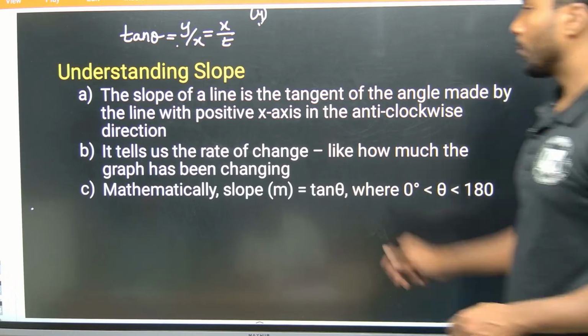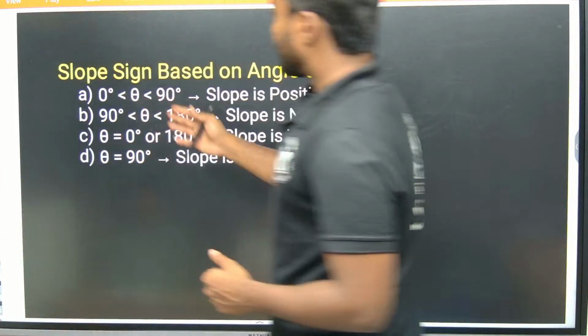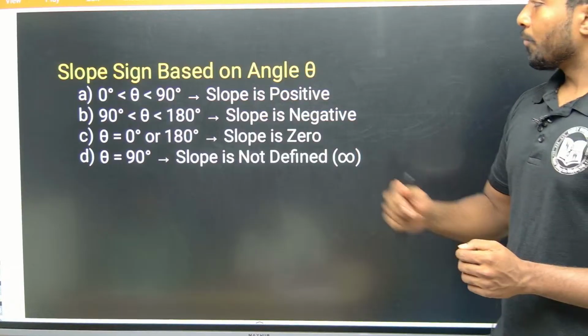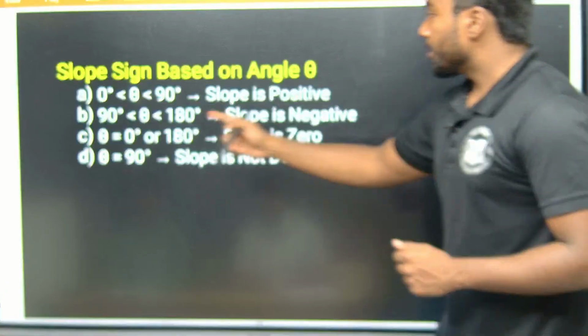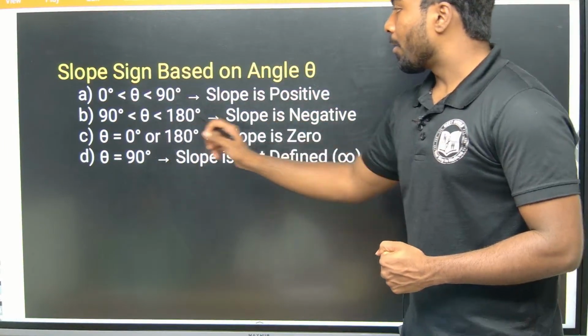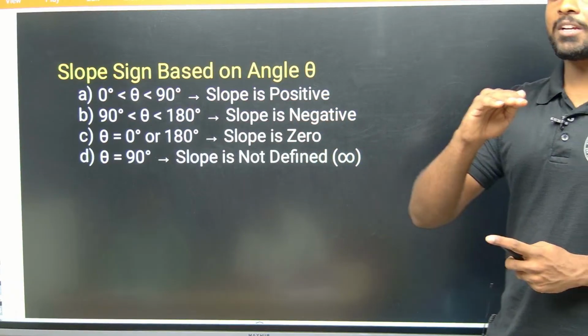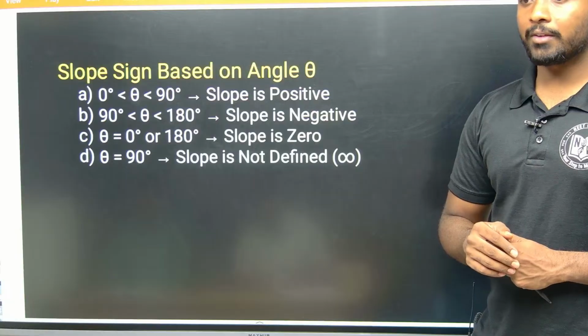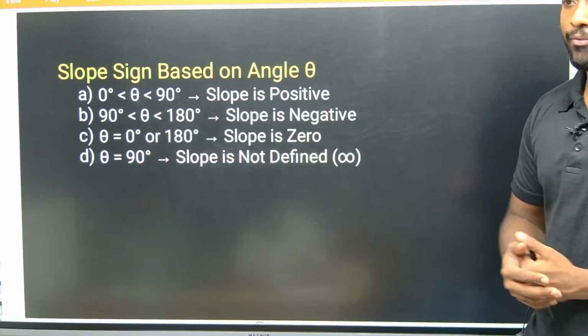Now, this is the thing we should understand. From 0 to 90 degrees, the slope is positive; from 90 to 180 degrees, the slope is negative. At exactly 0 or 180, the slope is 0, which means the object is at rest. At exactly 90, it is not defined.